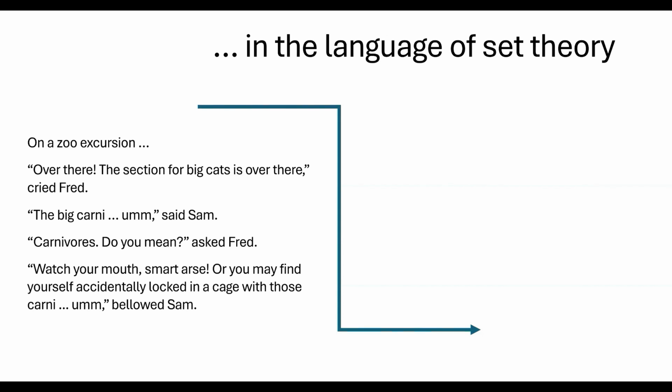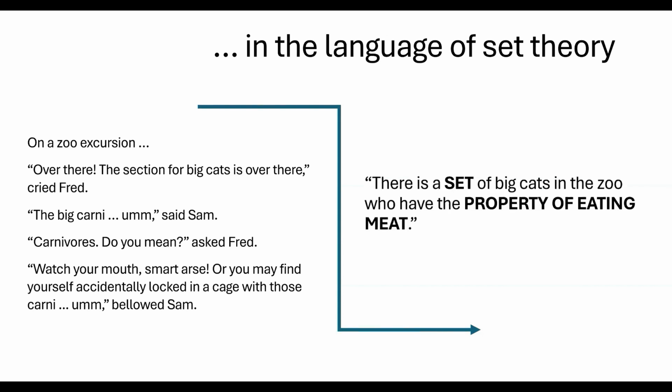Can you find it? There is a set of big cats in a zoo who have the property of eating meat. You see, Sam is threatening Fred: if he keeps being a smart ass, what will happen?